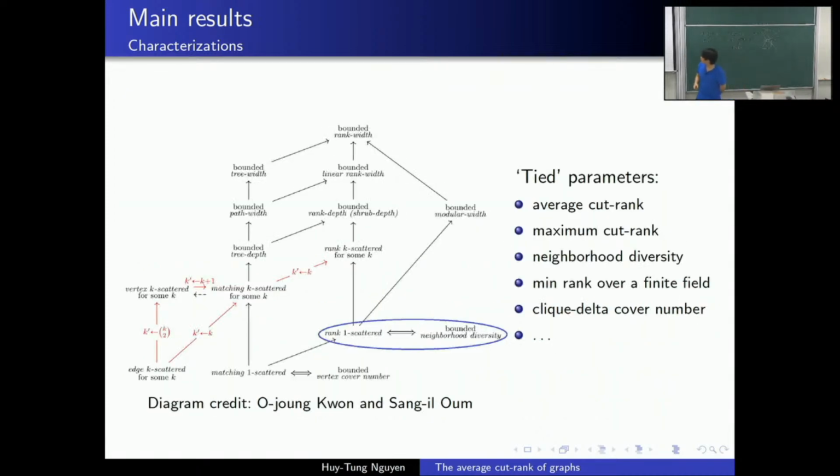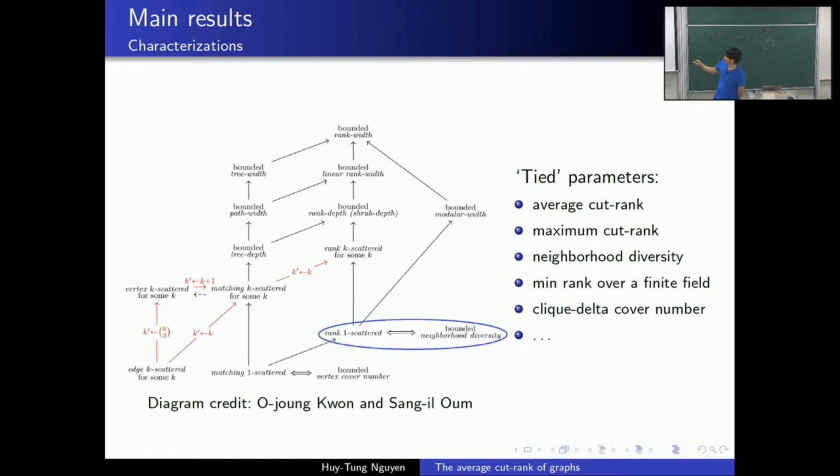And so we have here some kind of big graph classes with some parameters. I will give the credit to Huy-Tung Nguyen and Sang-il Oum because I took this picture from their paper. But still, let's forget those bounded classes for a moment and concentrate on the blue ellipse. Inside here we have bounded neighborhood diversity.